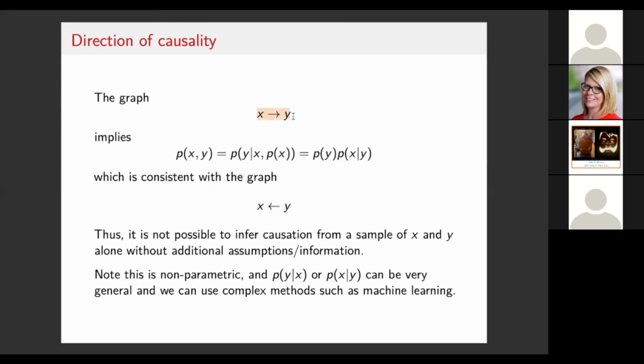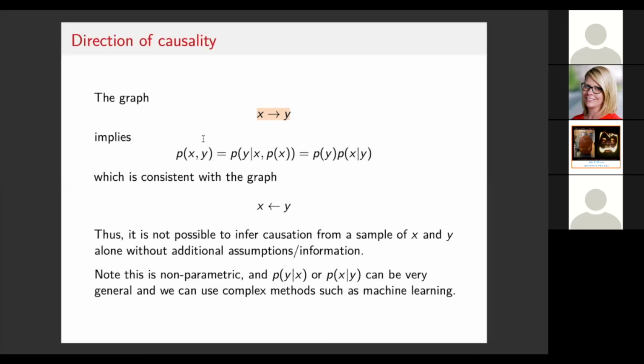This is why there's the saying, correlation does not imply causation. I cannot infer the causal direction if I just have a sample of two variables from the population.